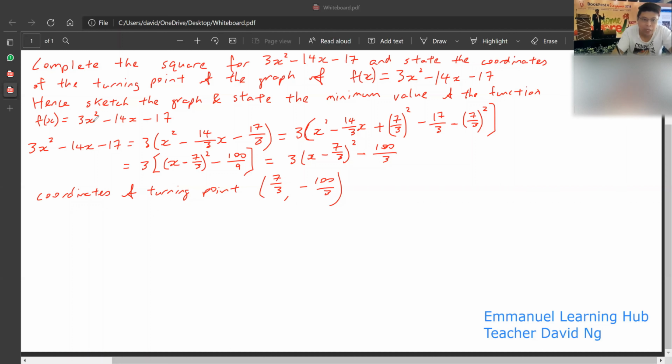Okay, state the coordinate turning point. Hence, sketch the graph and state the minimum value of the function. Hence, sketch the graph. But before you can sketch the graph, it's best for you to solve this equation first.